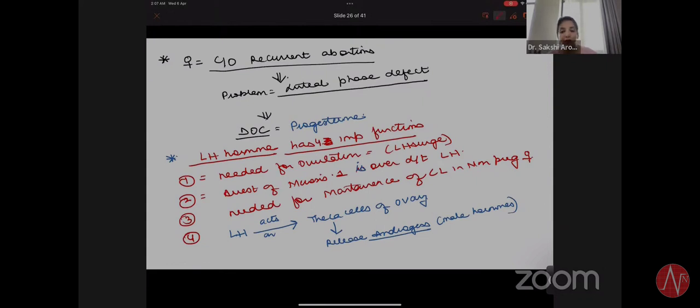Then, now fourth point which I am telling you, LH acts on the theca cells of the ovary, and from theca cells of the ovary, it will release male androgens.